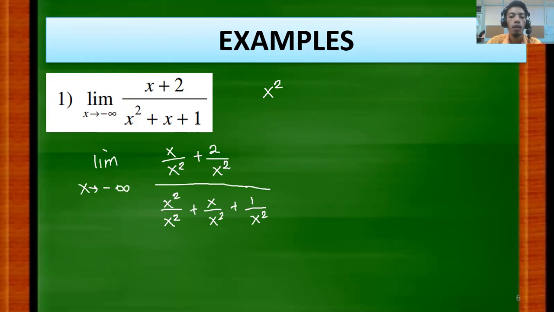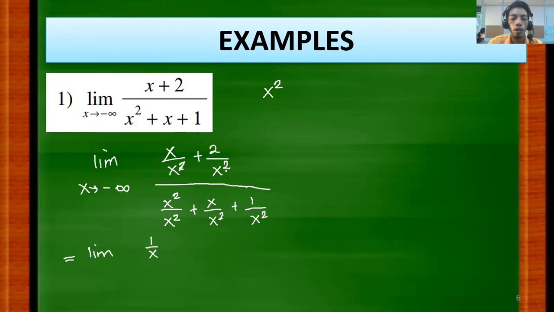Okay. Now, nag-divide tayo ng x squared, kailangan nating mag-simplify sa kada expression. Pag sinimplify natin siya, magkakaroon tayo ng limit of x divided by x squared, cancel si x, matatanggal lang dito yung squared, magkakaroon tayo ng 1 over x.